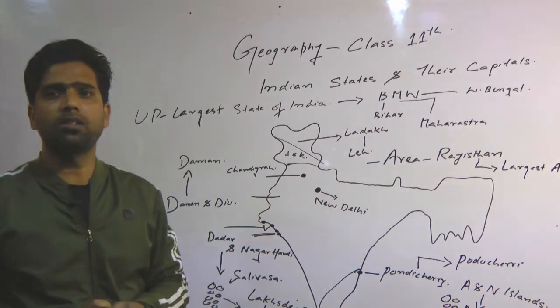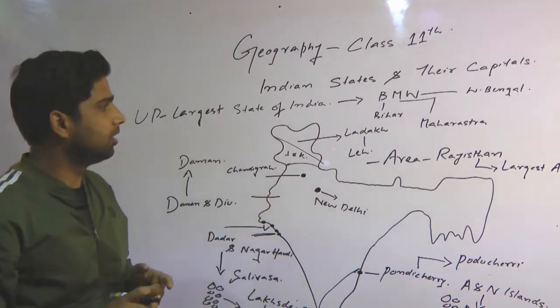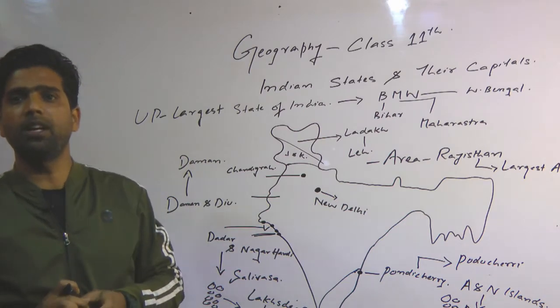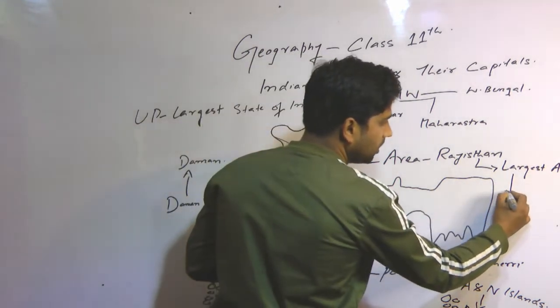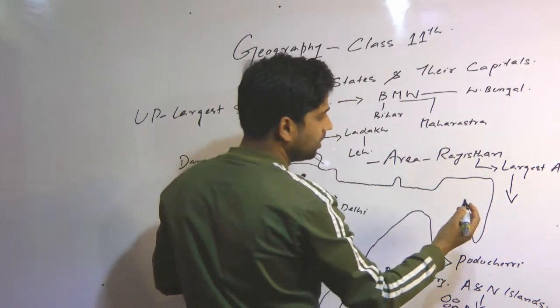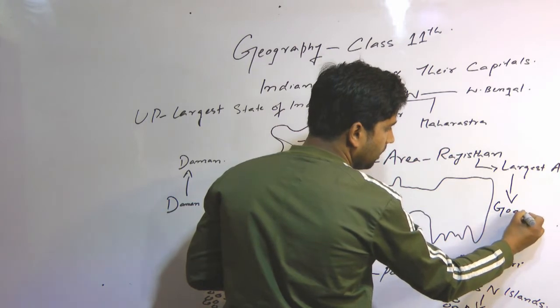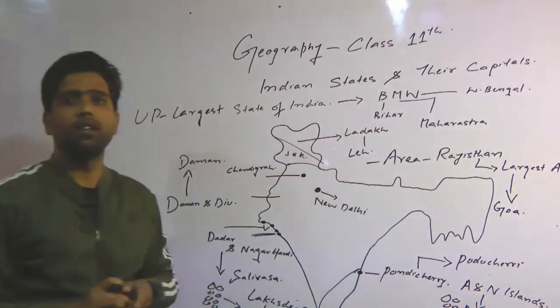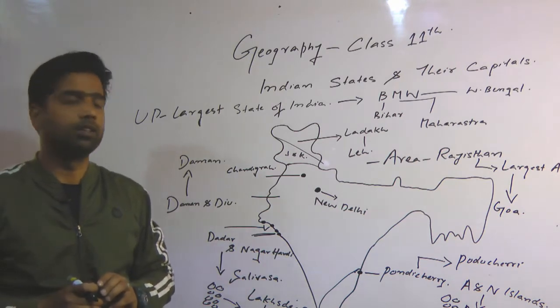And the smallest state of India in terms of area is Goa. Goa is India's smallest state in terms of area.